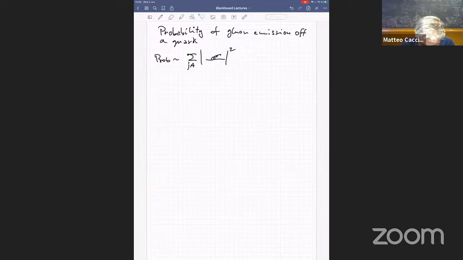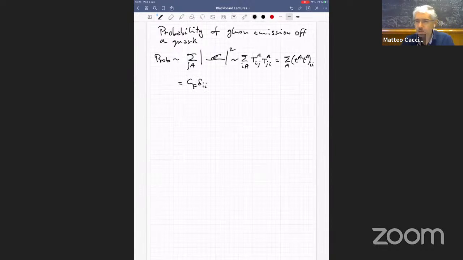Now, this will go like the sum over j, a, T^a_ij, T^a_ji, which is the sum over a, T^a T^a, ii, which is nothing but C_F according to the definition we gave earlier, delta_ii.